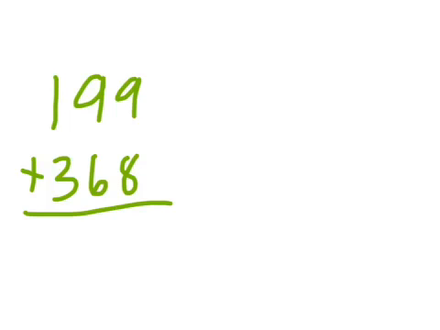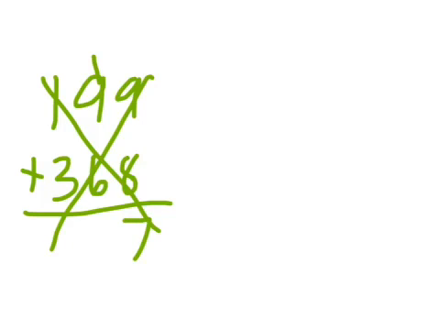When we add, we do something very similar. So if I have 199 plus 368, instead of trying to say 9 plus 8 is 17, bring over, nope, we're not going to do that. We're going to use an addition strategy called give and take. It's very similar to that same difference idea, except instead of adding on both spots or subtracting in both spots, when we find the answer to an addition problem, we're finding the total.